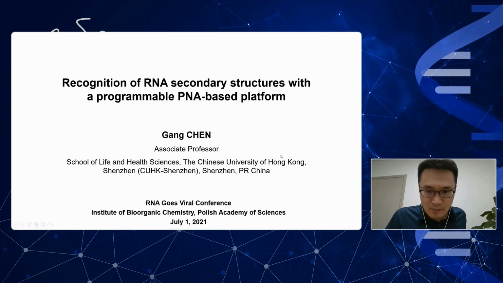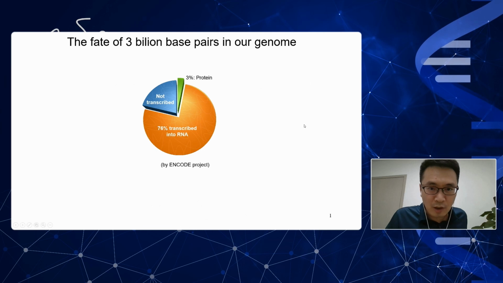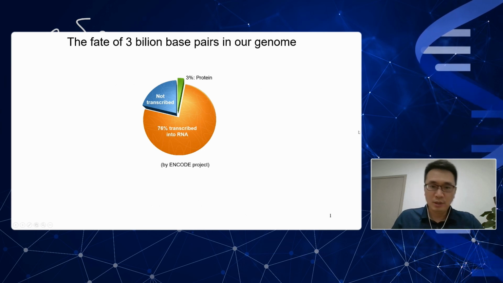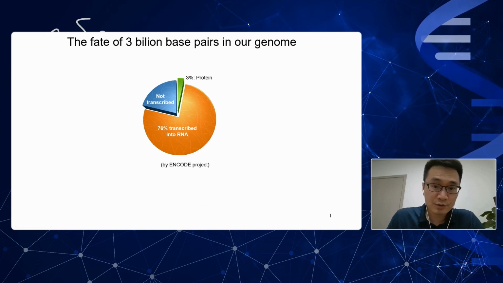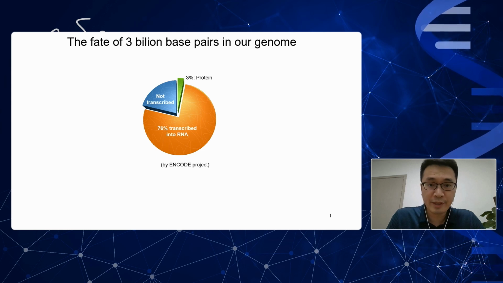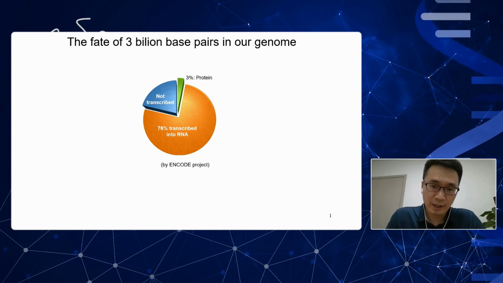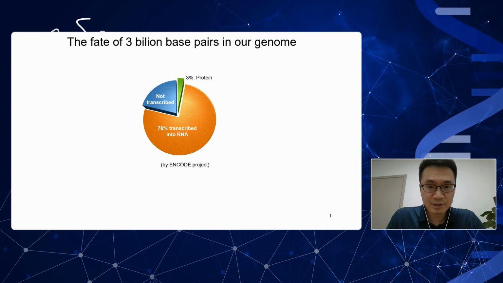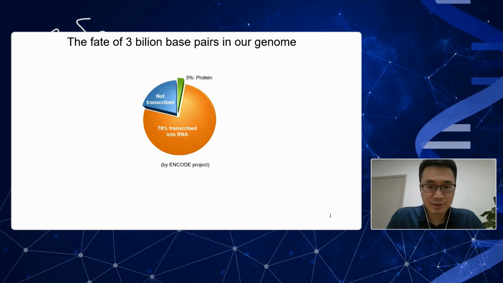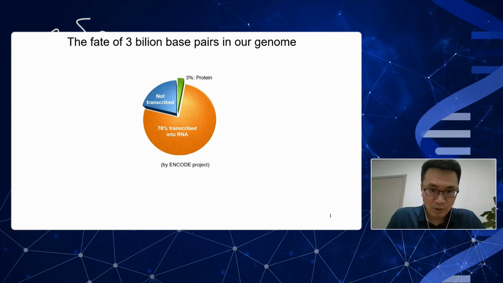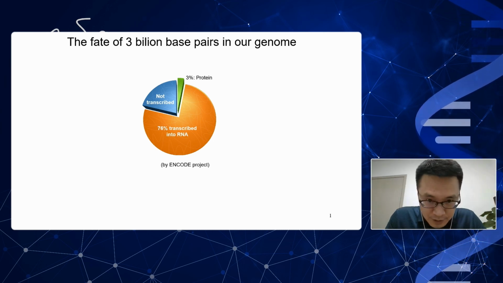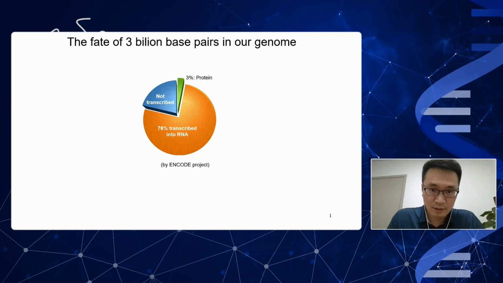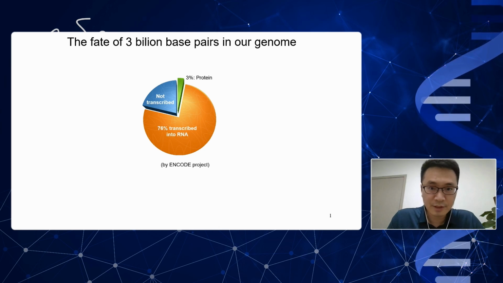As we know, in our human genome only about 3% of the DNA base pairs encode for protein, and almost 80% of the DNA sequences encode for RNA, most of which is not translated into protein.